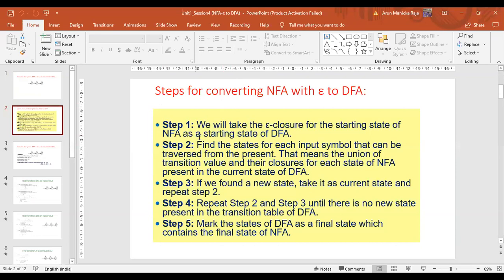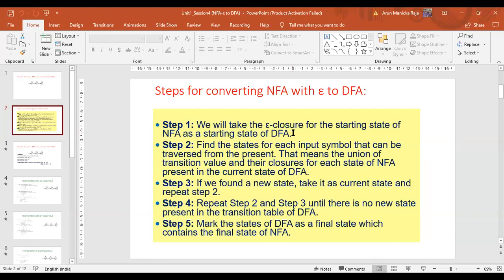The first step is that we take the epsilon closure of the starting state of the NFA as the starting state of the DFA. In the previous two problems, how did we select the initial state of the output DFA? The initial state of the input diagram. Yes, very good.